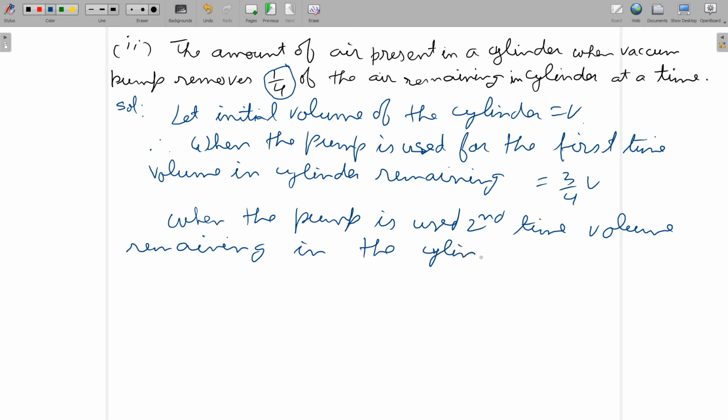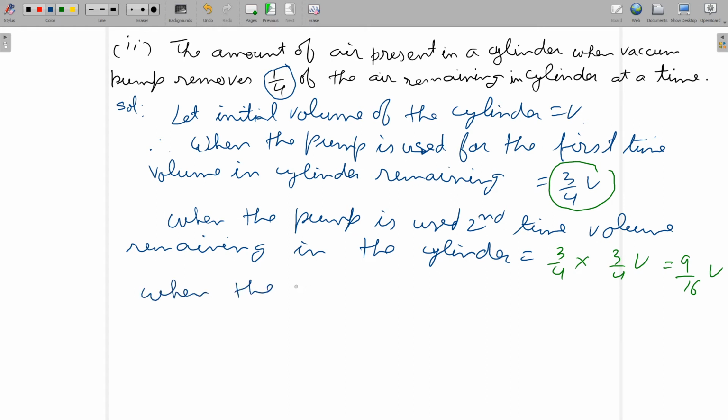Again, it will be 75% of the earlier volume. The earlier volume is 3 by 4 V. So 75% of this, that means 3 by 4 of this. So 3 by 4 into 3 by 4 V, and that will be 9 by 16 V.